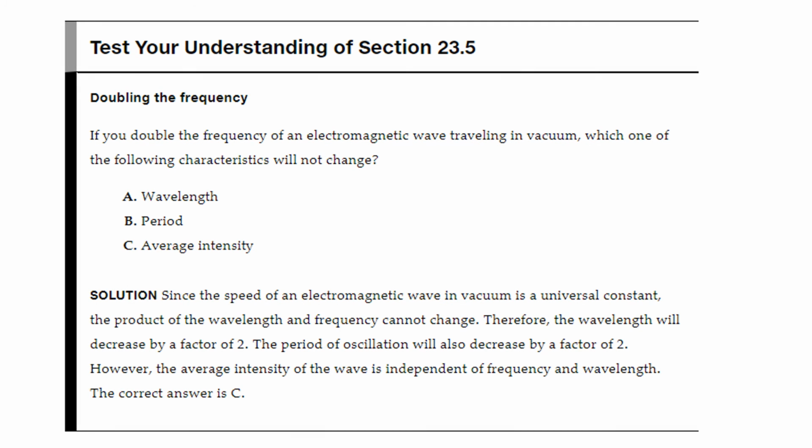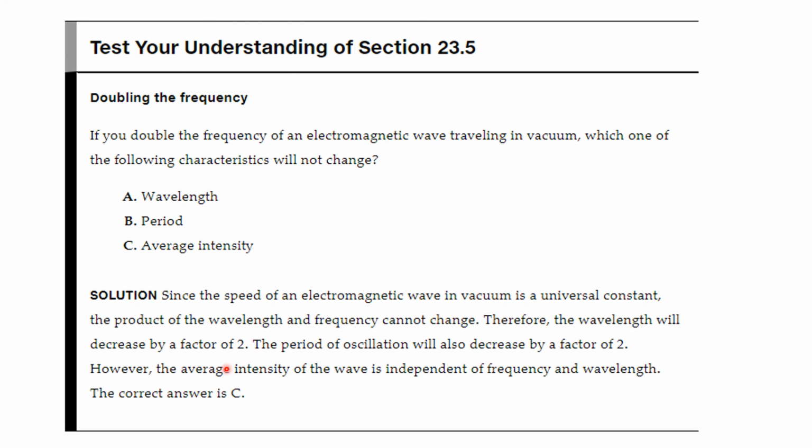Let's test our understanding. If you double the frequency of an electromagnetic wave traveling in a vacuum, which of the following characteristics will not change? You have a multiple choice. Since the speed of an electromagnetic wave in a vacuum is a universal constant, that's the product of these, and it does not change.